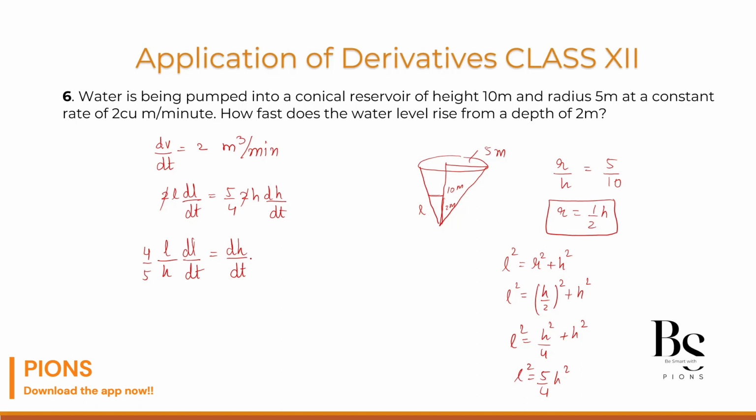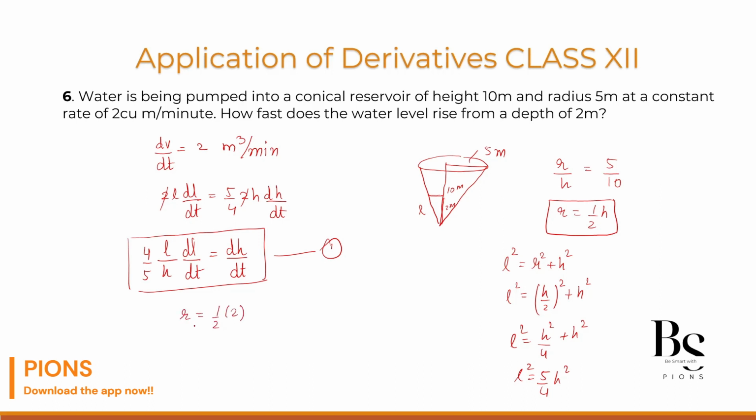Clear? Now if R and H, they are in the ratio half, now be very careful with this equation, I'll modify this equation within a minute. This is equation 1. So if R and H, they are in the ratio 1 is to 2, right? So when H is 2 meters, when the depth is 2 meters, what will be R at that instant?